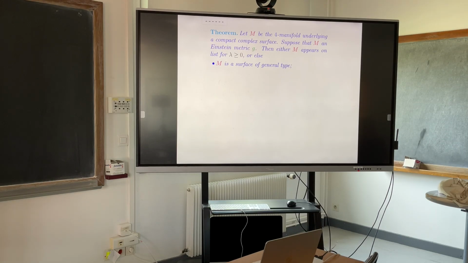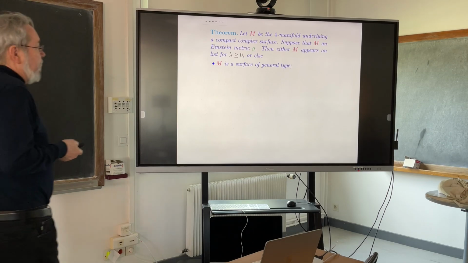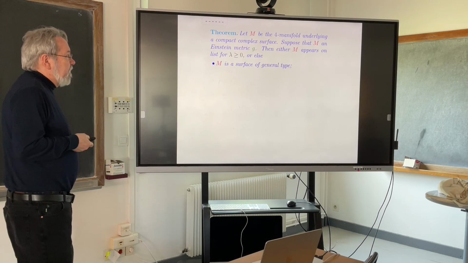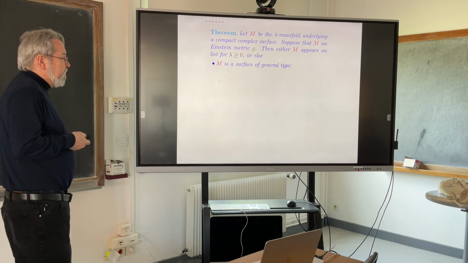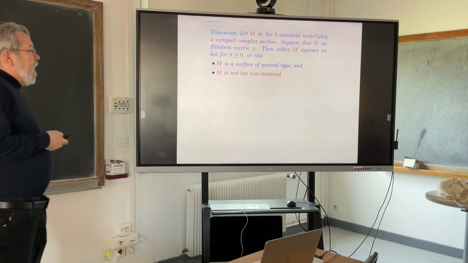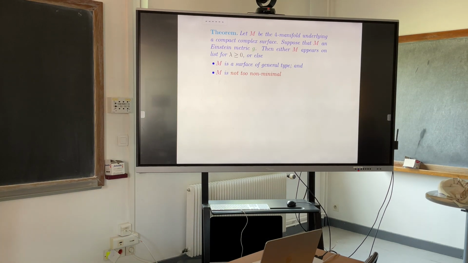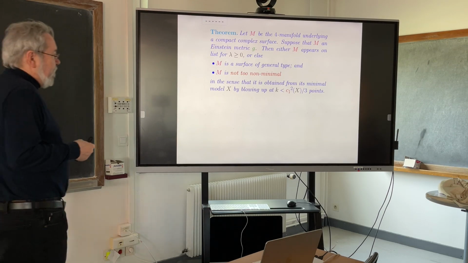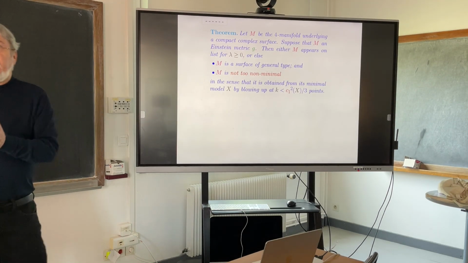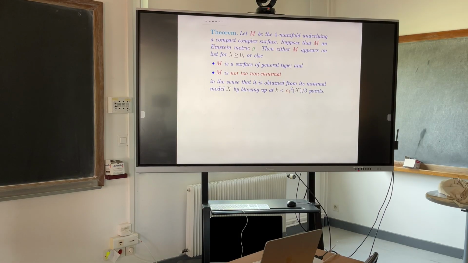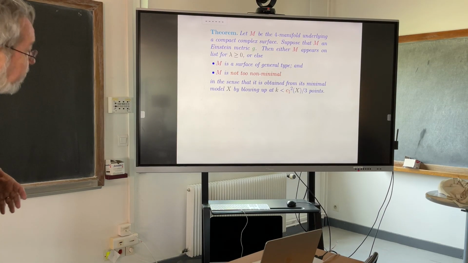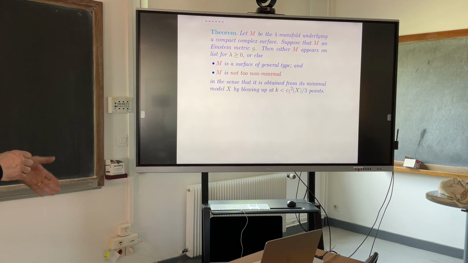If it's not on the list of things we've just seen, the first thing is you can show that the complex surface is necessarily a surface of general type, and it's not too non-minimal. So if you're looking for a Kähler-Einstein metric, if you have a complex surface and you're asking, could it have a lambda negative Einstein metric?